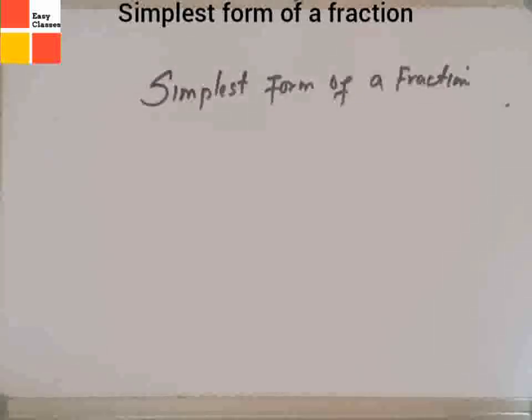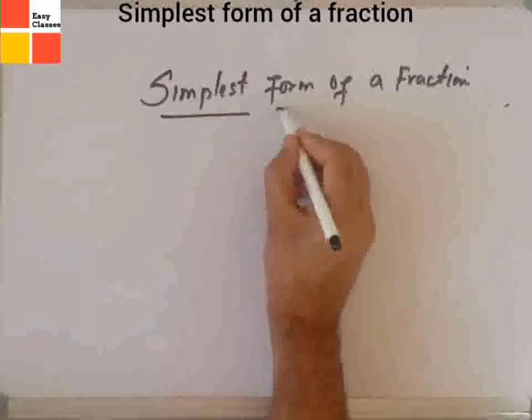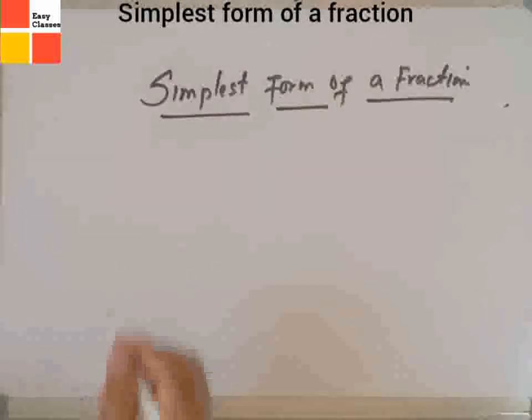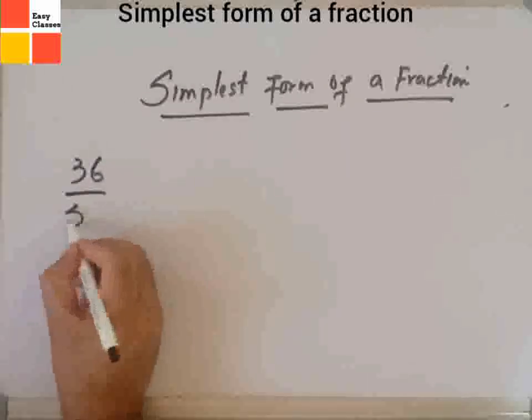Simplest form of a fraction. What does that mean, simplest form of a fraction? Say, for example, this is a fraction, 36 divided by 54.